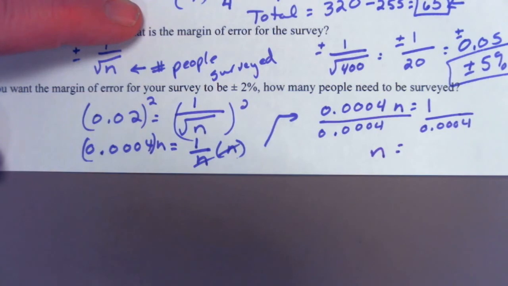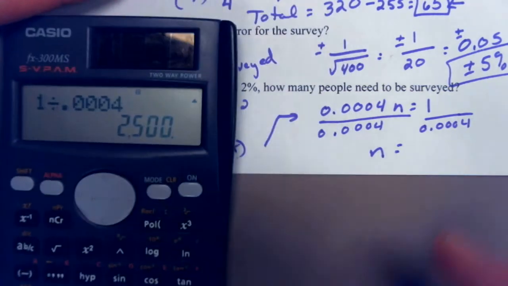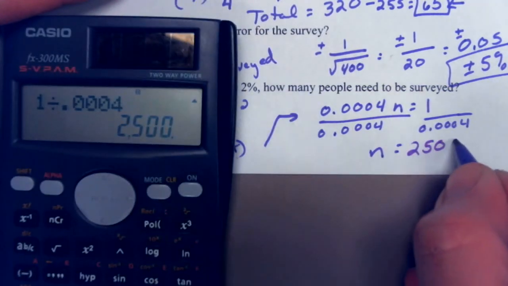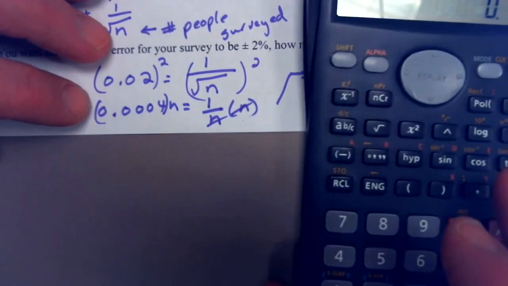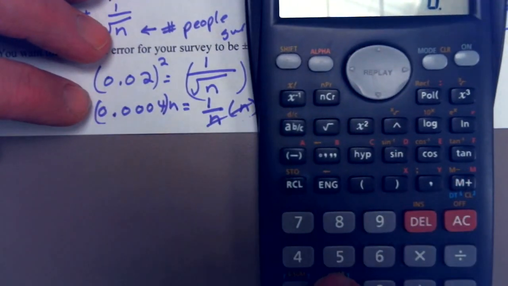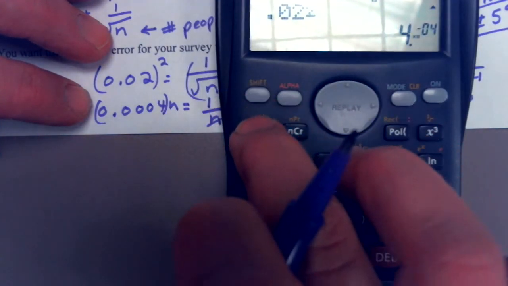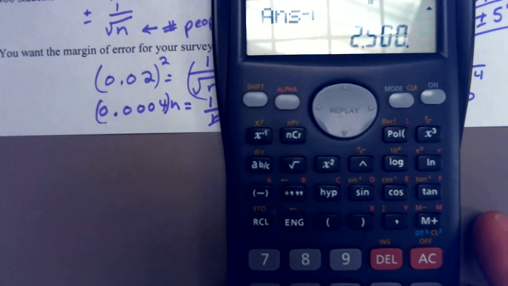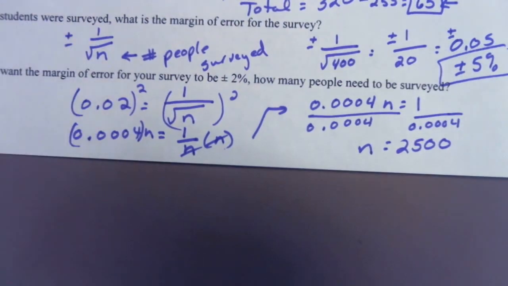Once you do that, 1 divided by 0.0004 is 2,500. There's a little simpler way to do that, actually. If you take the 0.02, square it in your calculator, and then just hit the reciprocal key, that'll give you the answer faster. But this way also works.